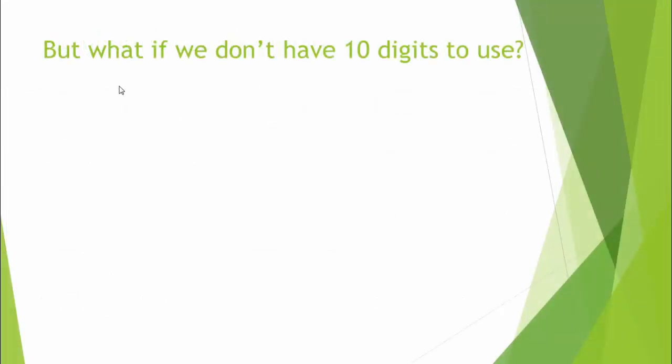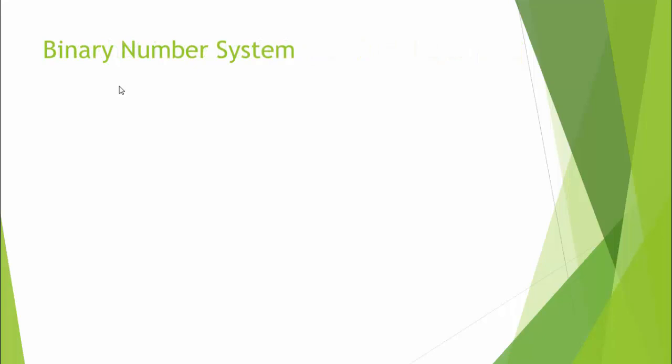Now the question becomes, what would happen if we didn't evolve the way that we did, if you believe in that kind of thing? What would happen if human beings didn't have 10 digits? What would happen if we didn't have 10 different characters to represent numbers? And this is exactly the problem that computers face.